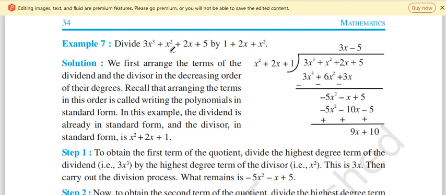This one need not be rearranged, it is okay. But here 1, x square is in ascending order, and we must try to get descending order. Rearrange to descending order, so we first write x square, then 2x, then plus 1. That is the right descending order. Then divide.